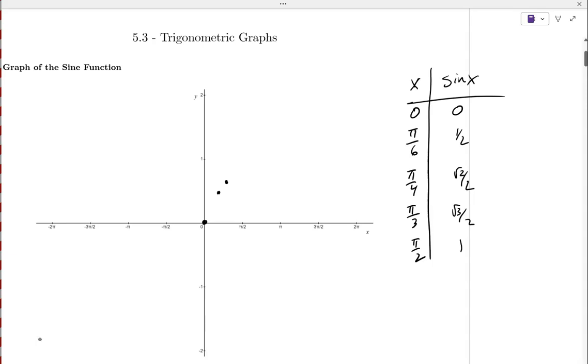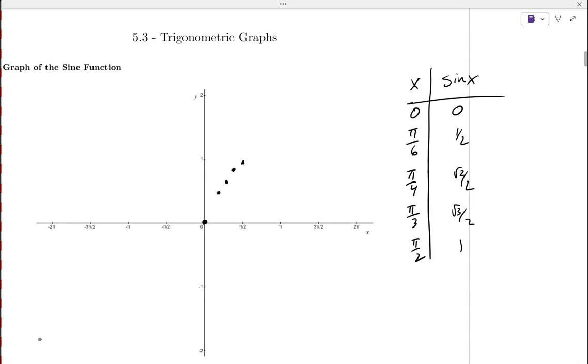Pi over 3 is 2/3 of the way over, and we're at root 3 over 2, which is about 0.866. And then at pi over 2, we're at 1. This is probably a little bit higher. It's okay. Oh, I erased it. That was interesting. Anyway, we have this general shape so far. So far, so good?